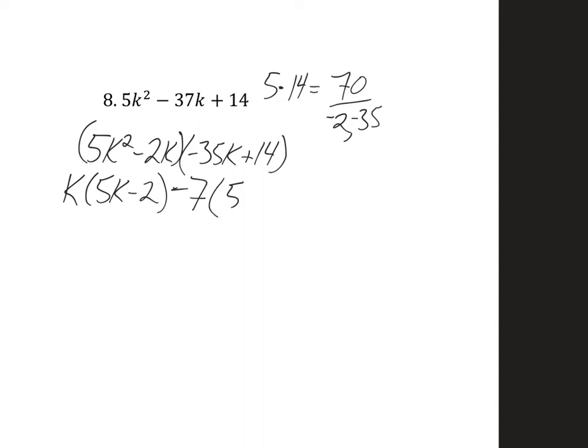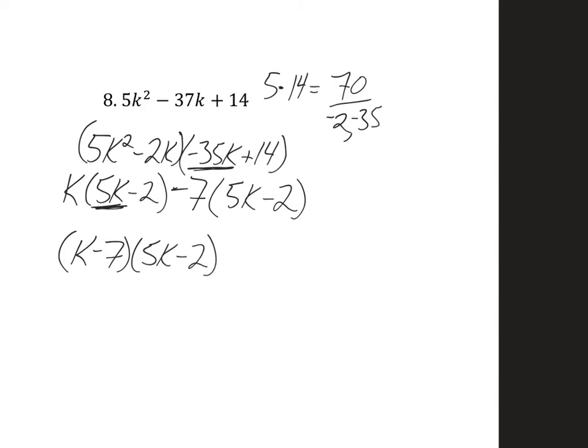So that's going to give me 5k minus 2. So your biggest thing here is I just want to make this look like this. So I have to figure out what do I have to do to it to make that happen. Now we're just writing our final answer. So we have k minus 7 and 5k minus 2. All right. Go ahead and try out 9.